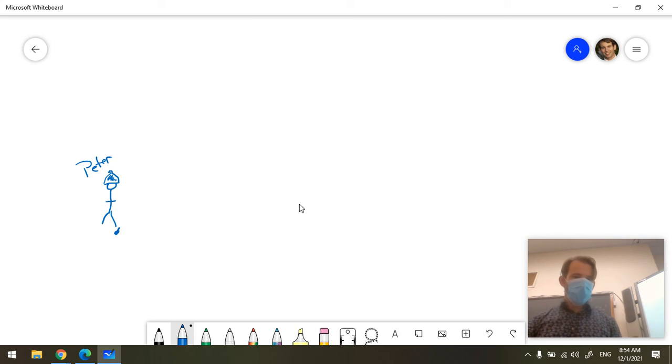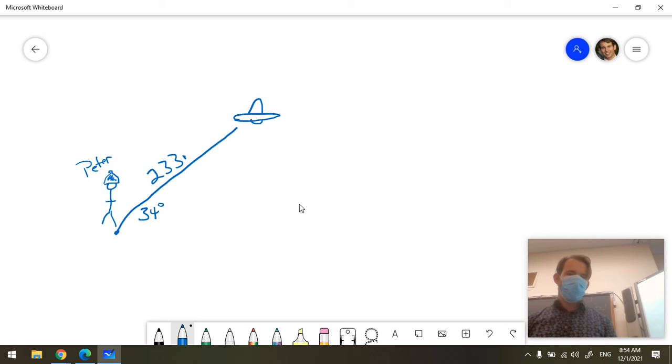And he is going to look up at an angle of 34 degrees. We just worked with 34 degrees. It was pretty cool. And he is looking up, and he uses a rangefinder to notice that this flying saucer is hovering up there, and he knows this distance to be 233 meters.